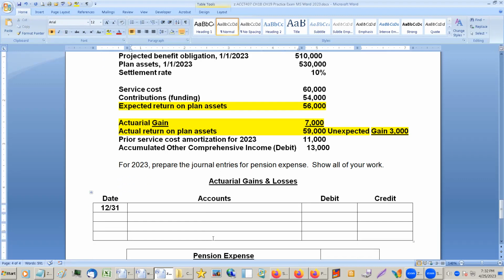Here's a good thing to remember: gains are always credits and losses are always debits. So this is gonna be a gain.